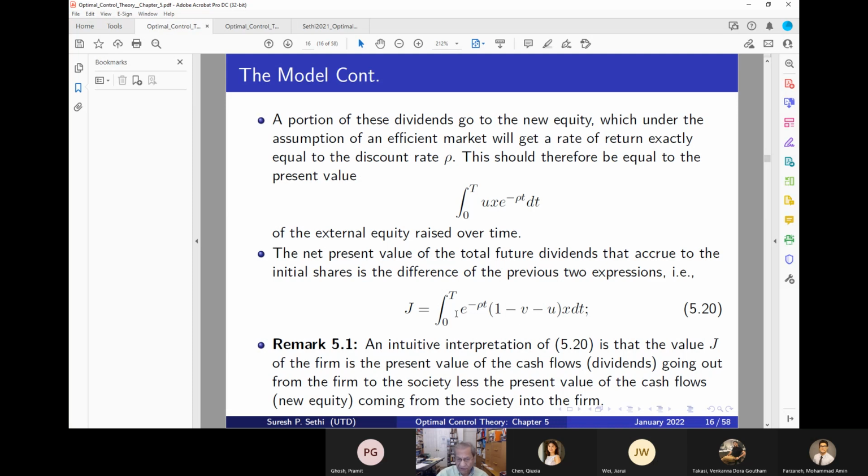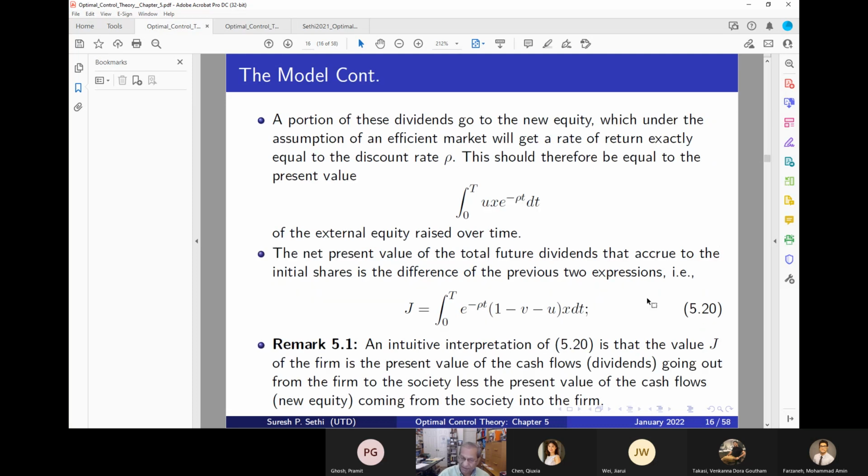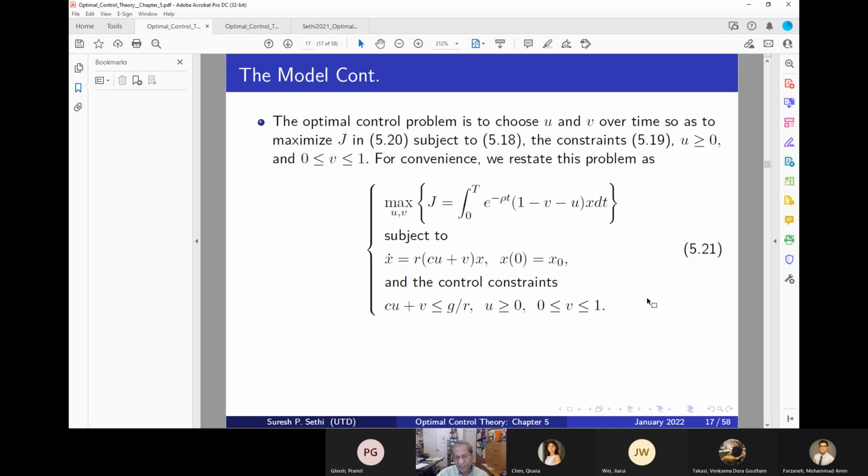So as far as optimal control is concerned, let us now agree that this is the objective function that we want to maximize. Remember, control theory will maximize whatever objective function you give it, but it will not always be a very interesting solution. But this is the objective function we want to maximize. So that's our problem.